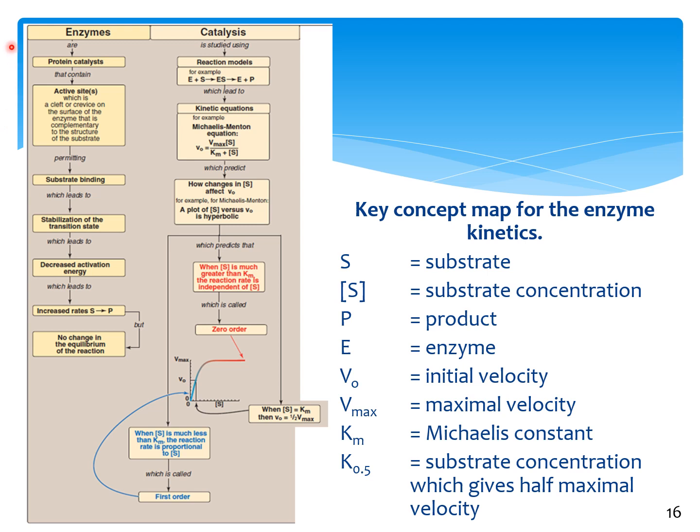The whole discussion is summarized in the form of a map. On the left side, the enzymes, their properties and mechanism of action are represented in the form of blocks.